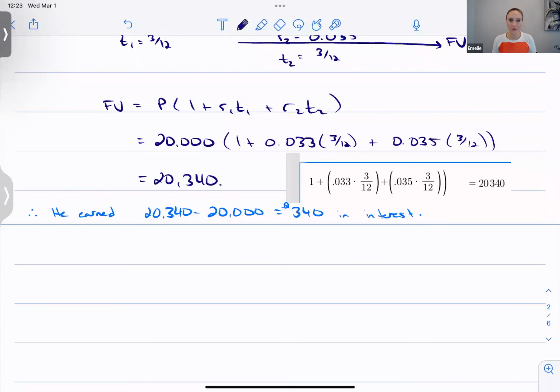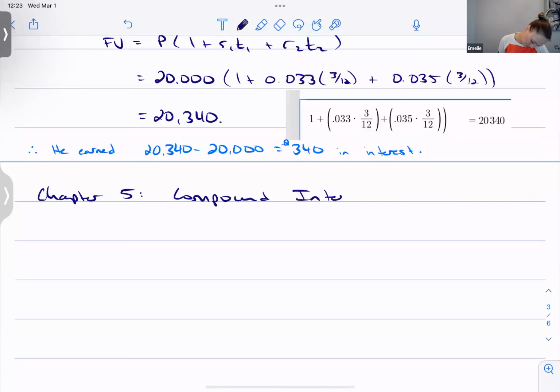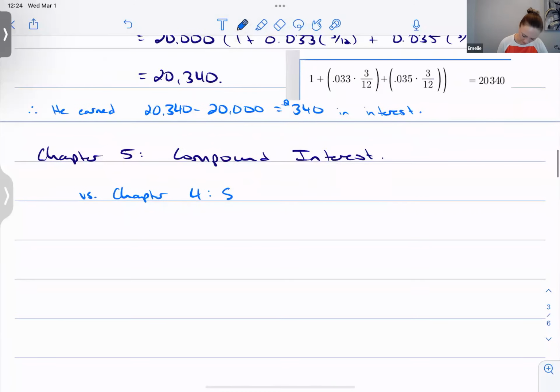You guys ready to start chapter 5? Chapter 5 is on compound interest, versus chapter 4, which was on simple interest.